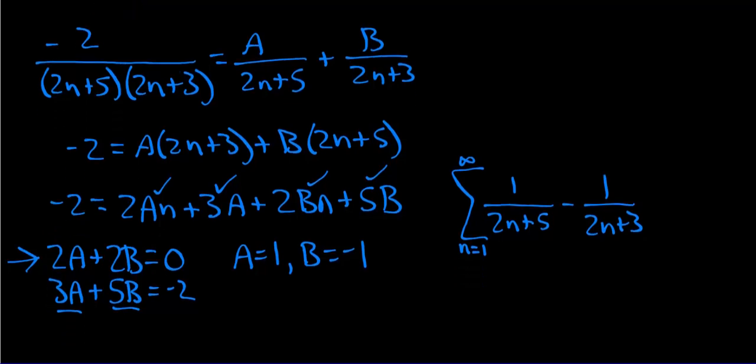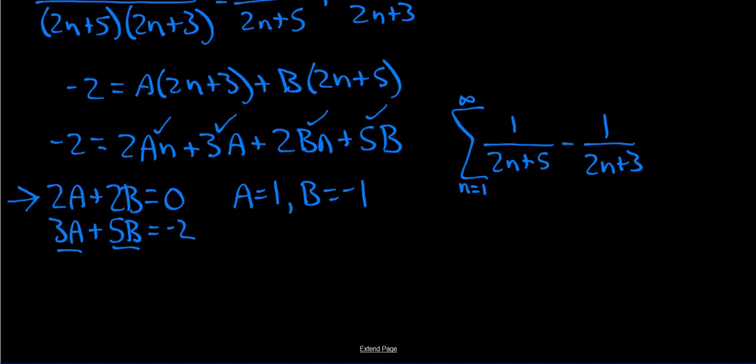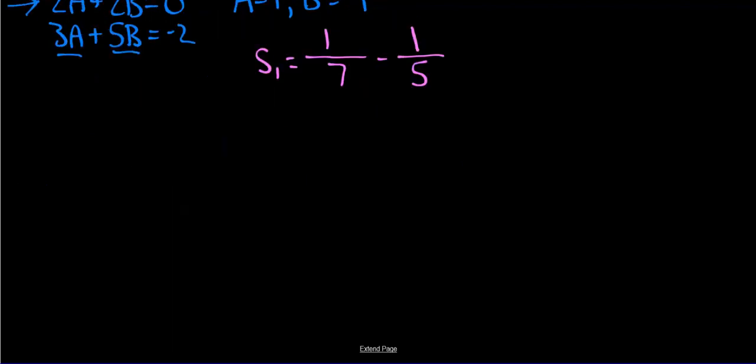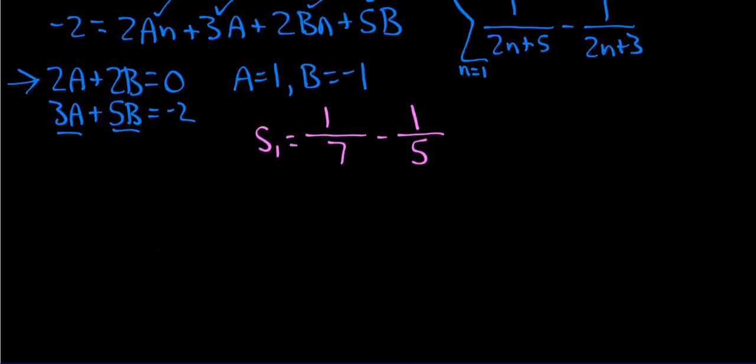Now we can start generating our partial sums. The first partial sum is when n is 1, so we get 1 over 7 minus 1 over 5. Our second partial sum is the first partial sum plus the next term.